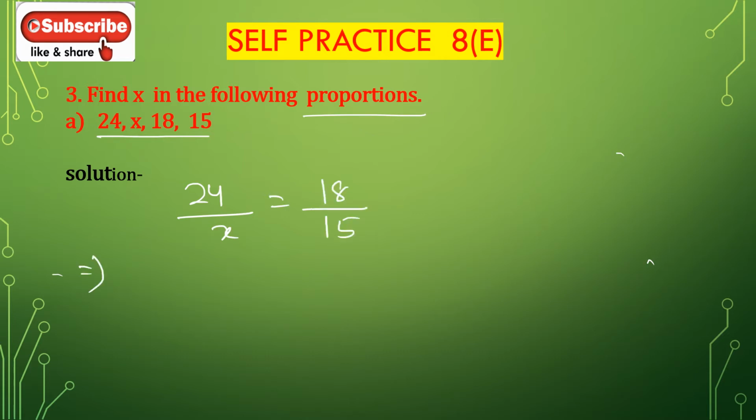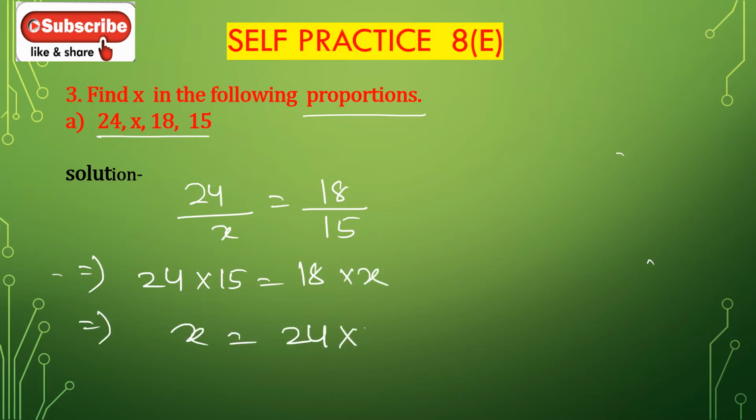Now we have to cross multiply. 24 multiplied by 15 is equal to 18 multiplied by x. That is, x is equal to 24 multiplied by 15 divided by 18. We transpose this 18 to the left hand side, that is, multiplication becomes division.